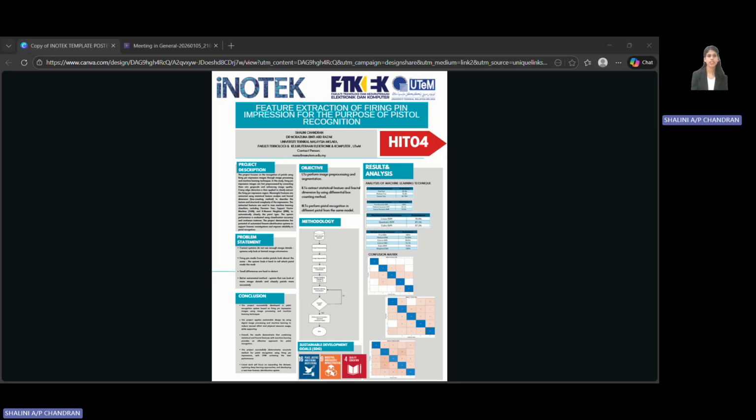So the decision tree is a rule-based method that classifies data by learning simple decision rules from the features. The support vector machine separates the different pistols by finding the best line between them, which makes it suitable for complex and high dimensional features.